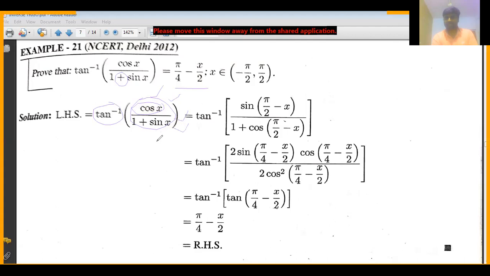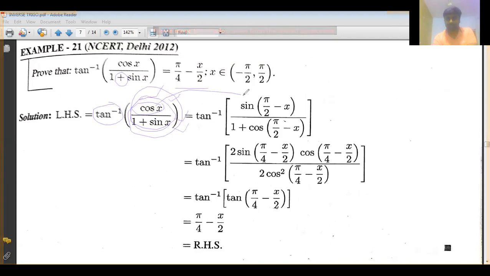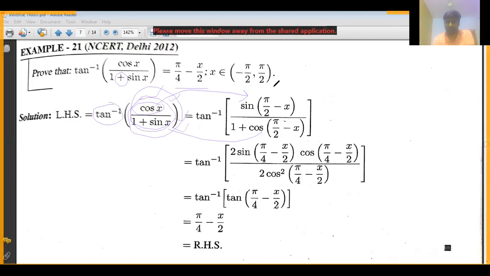Finally, tan inverse cancels and we get some answer, correct? That's why I'm writing the numerator in terms of sine. How can I write cos in sine? Sine of 90 minus x. Correct? Now, how can I write sine? Cos of 90 minus x. Correct?